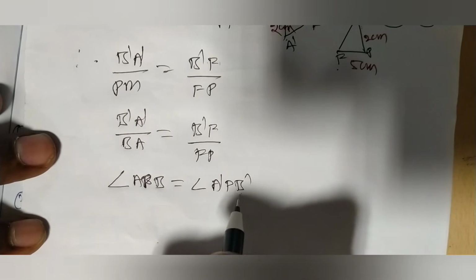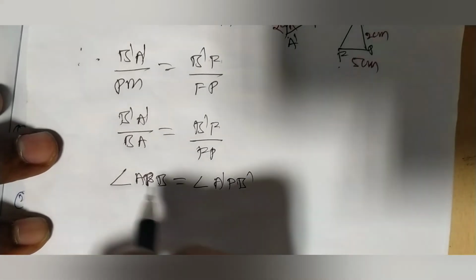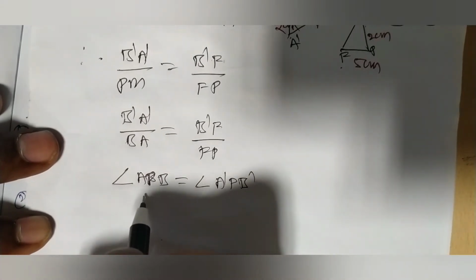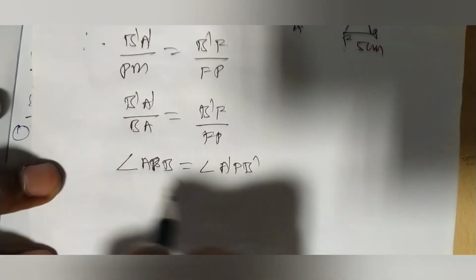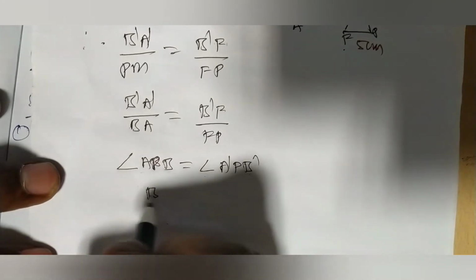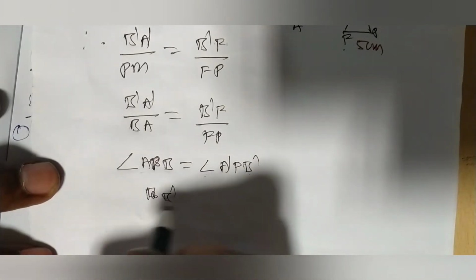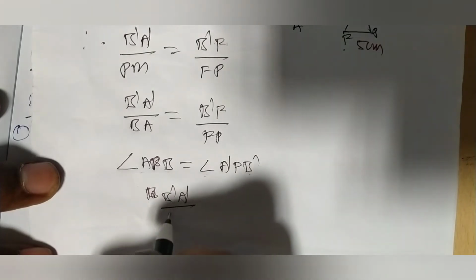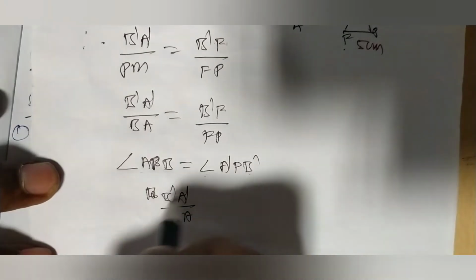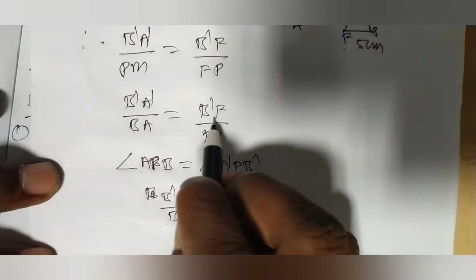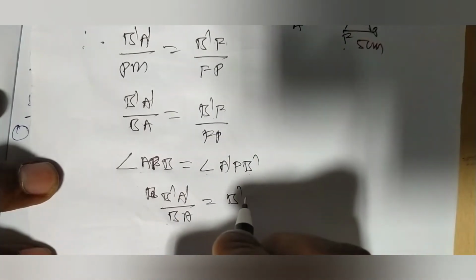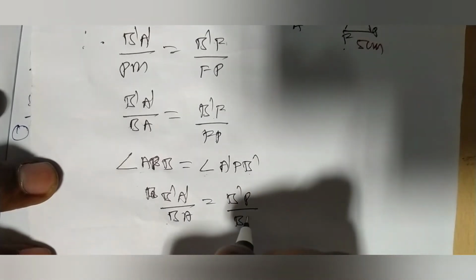So both are similar or the same. Now we can write down the above equations. B dash A dash is equal to BA from this one. Both are in the triangle, same. That's why we can write B dash A dash by BA is equal to B dash P by BP.